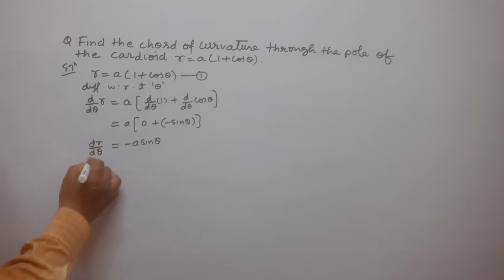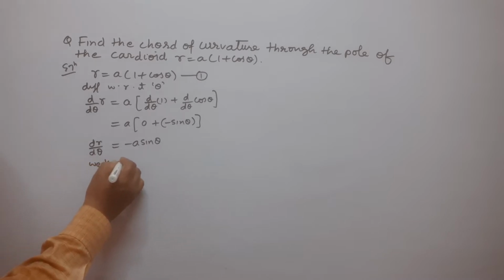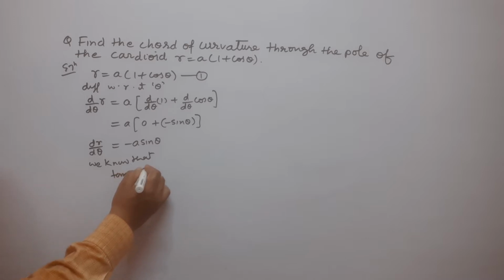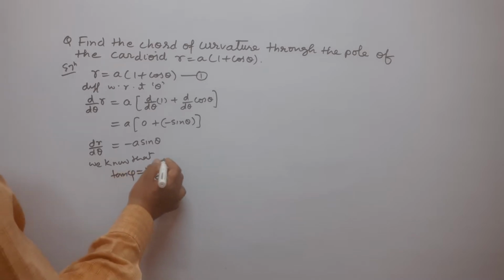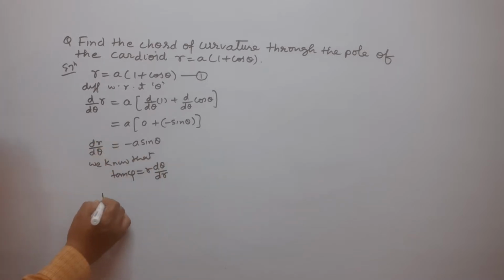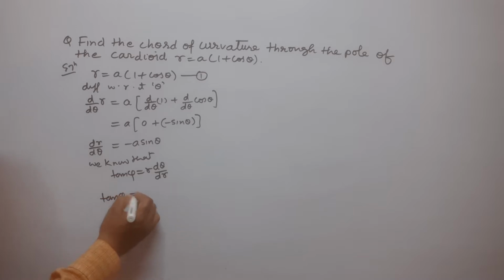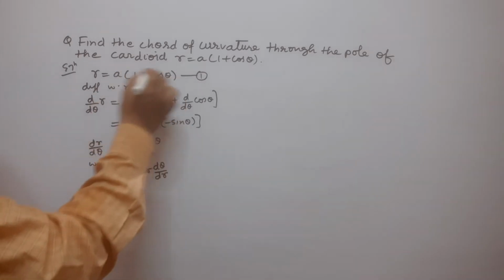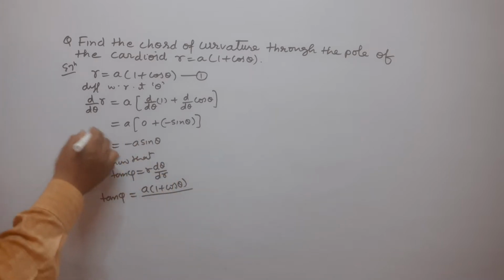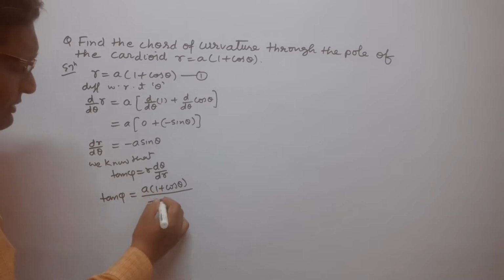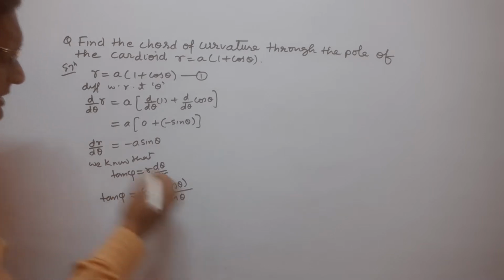Now we know the relation tan phi is equal to r d theta upon dr. So we put here the value of r and d theta by dr. We get tan phi is equal to r, the given curve, that is a(1 + cos theta), and d theta by dr is the reciprocal of dr by d theta, so this is minus 1 upon a sin theta.